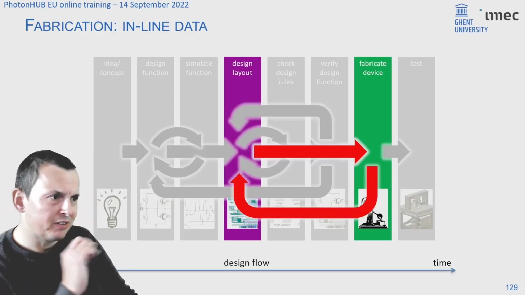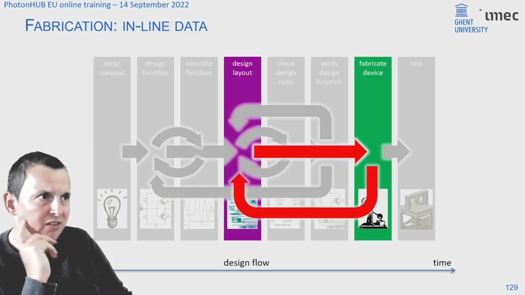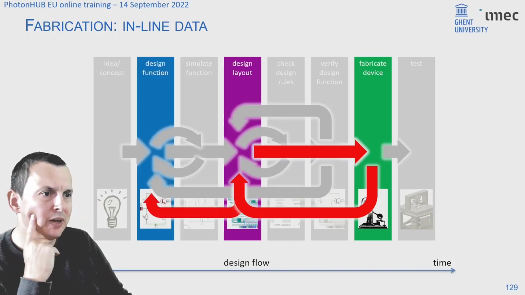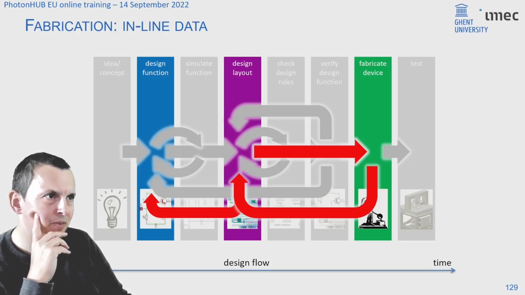And we're going to cover the problems of variability in a few minutes as well. Now, that means that you have to go back to your layout, and again, maybe in some cases you have to go back to your design functionality.